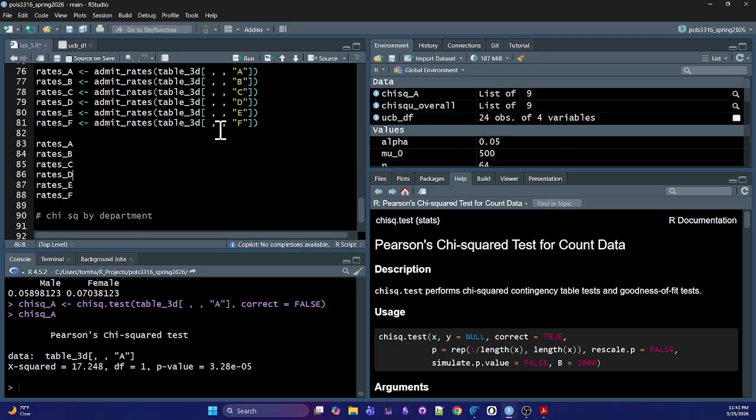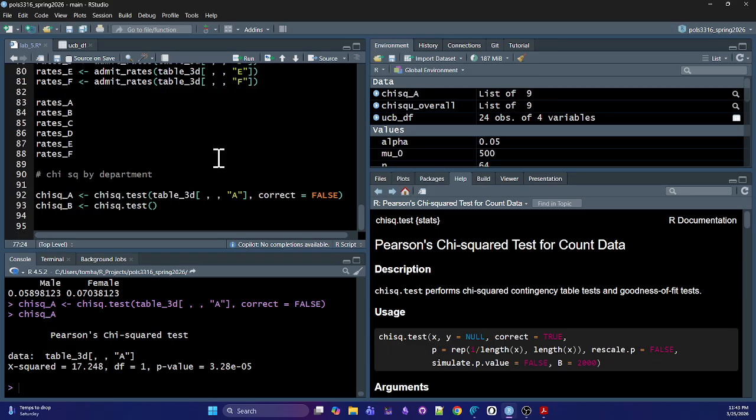And I'm going to come back up here and copy this so I don't have to write it all out. Correct equals false.